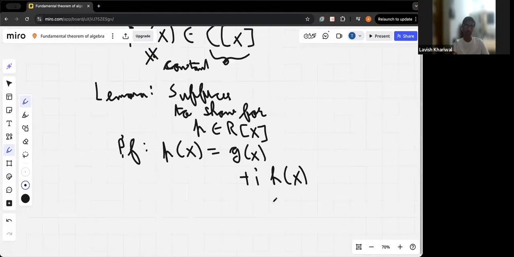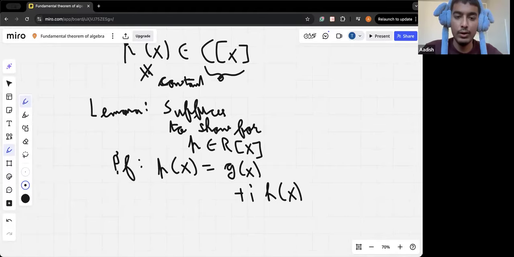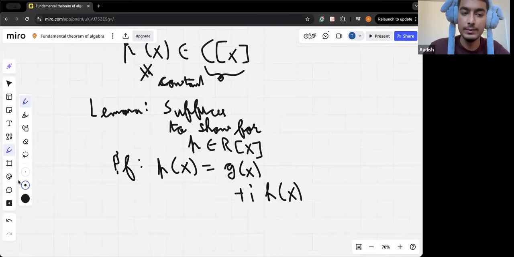What's the statement again? So suppose you have proven that every polynomial that has real coefficients has a complex root. From this, can you prove that every polynomial that has complex coefficients has a complex root?